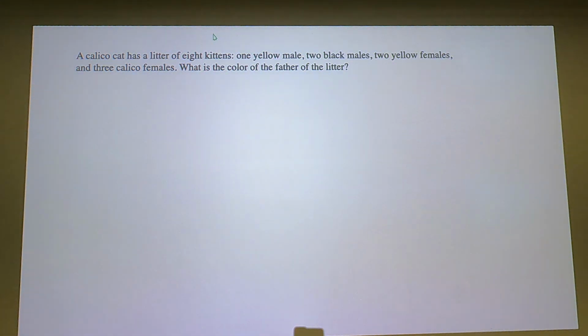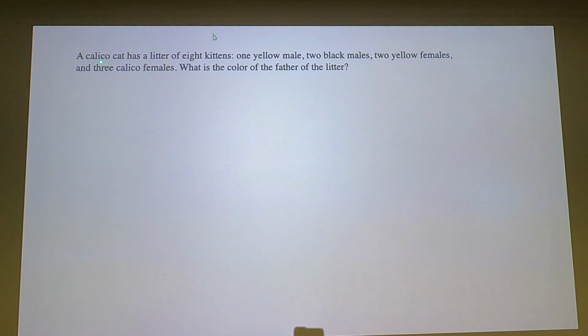Okay, here's one. We mentioned Calico Cats before. Now remember, Calico Cats were the product of dosage compensation, right? So you got either a black or an orange-yellow pigment gene, an allele, on the X chromosome, and one X chromosome gets randomly inactivated. So here's our problem.